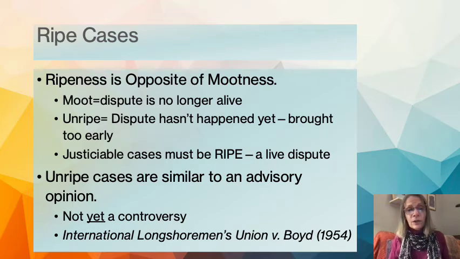The International Longshoremen's Union was concerned because they had a lot of seasonal employees who were legal to work here, but were not citizens of the United States. They thought for those people to go through extra scrutiny was unconstitutional. The court said they wouldn't hear that case because no one had tried to work in Alaska yet, so it was not yet a controversy. And so they dismissed that case, saying that it was unripe.